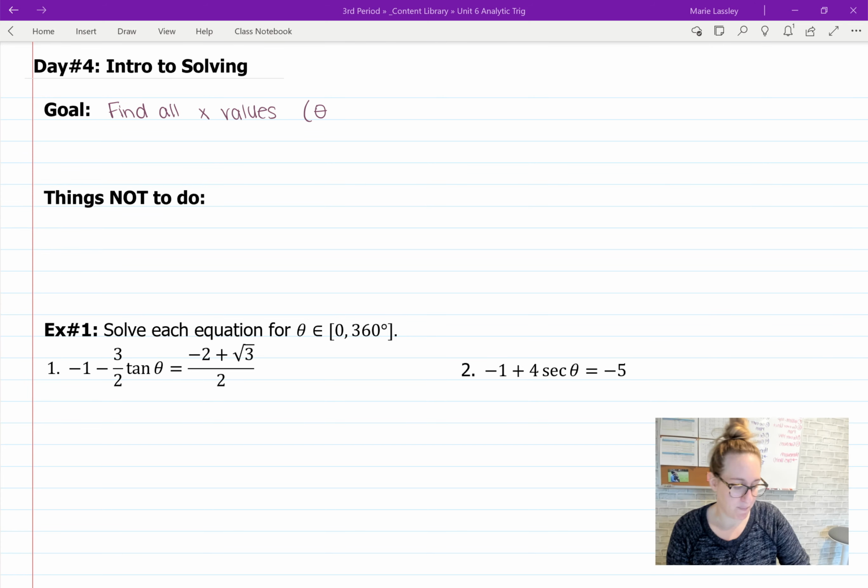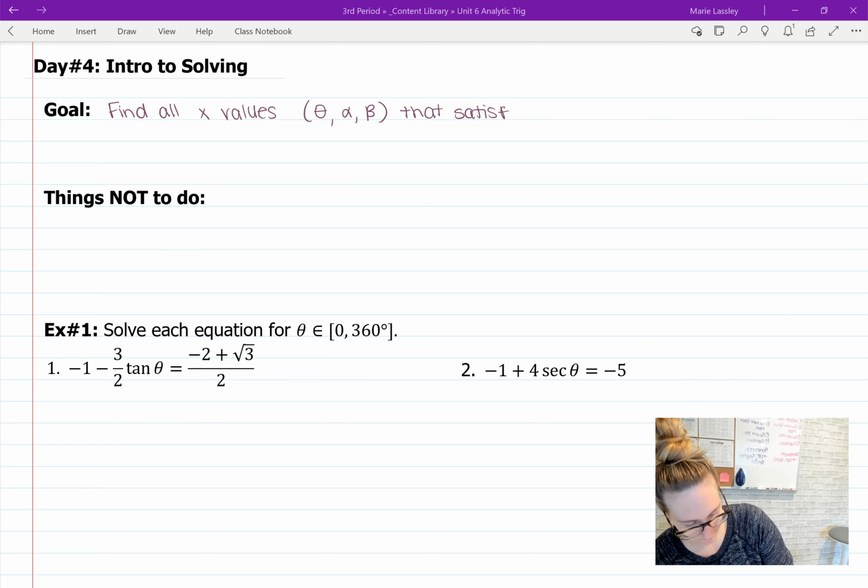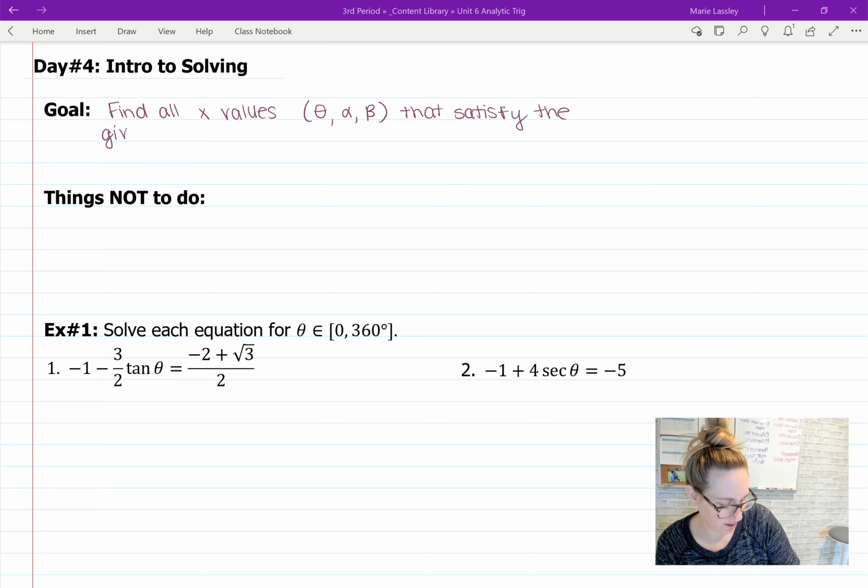Doesn't matter. So when I say find all x values, I mean find all of the unknowns, values that satisfy the given equation over some interval.